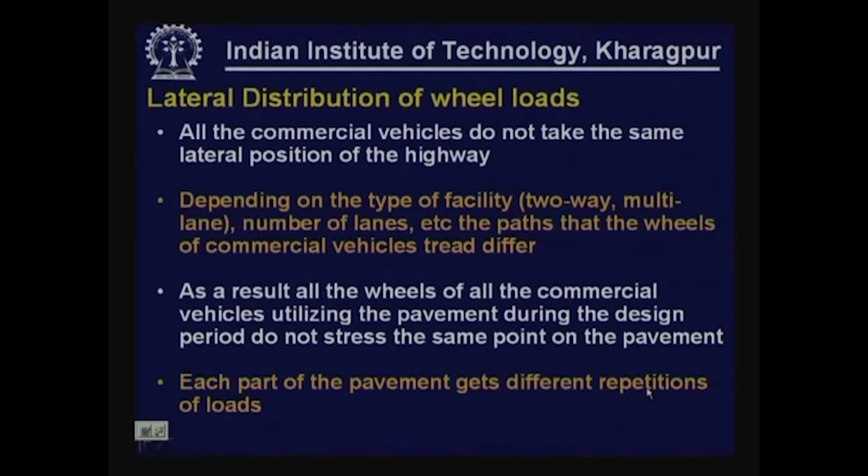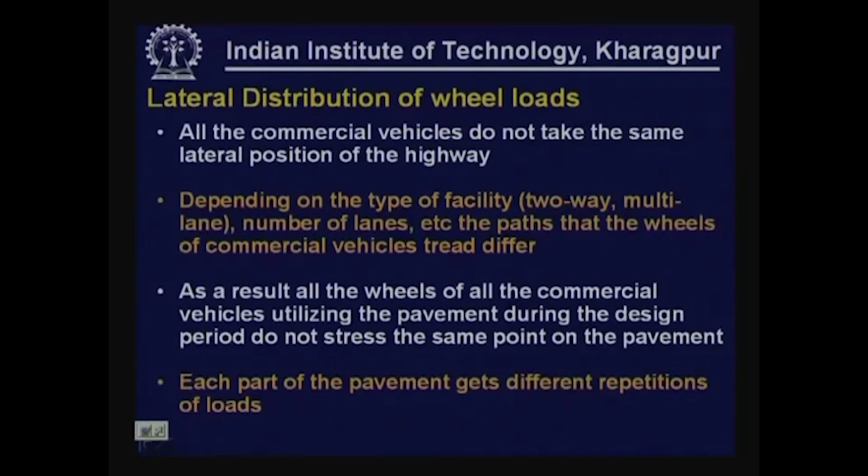Coming to the lateral distribution of wheel loads, we cannot expect that all the wheels will be traveling along the same path. They are going to be distributed laterally, taking different positions on the pavement depending on the traffic volumes, and on whether it is a 1-lane, 2-lane, 3-lane or multi-lane road.